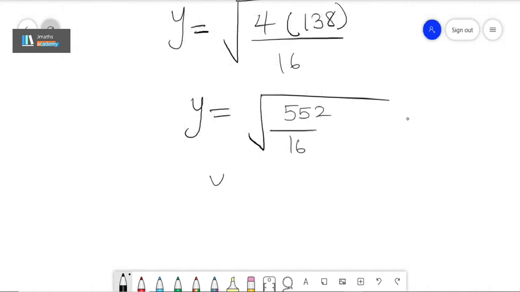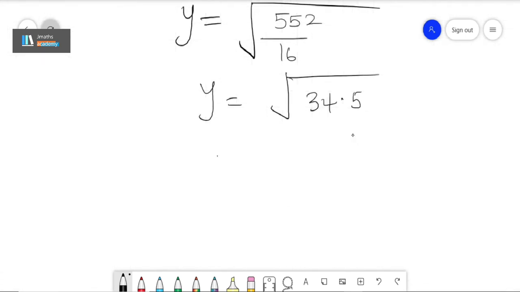And this will give us y is equal to the square root of 34.5. So we have y equal to the square root of 34.5, which is 5.8737.